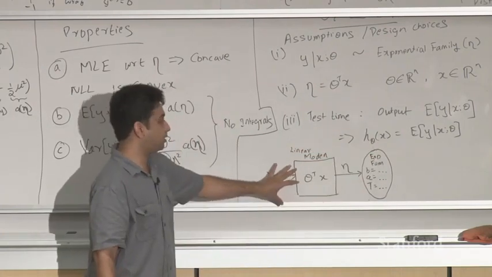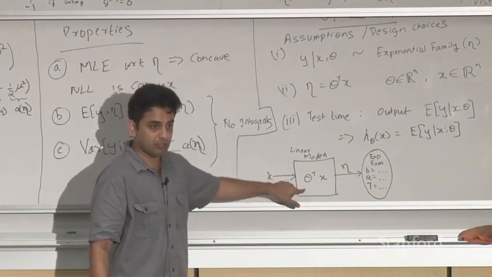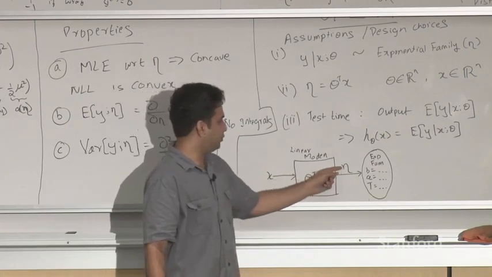The model, we are assuming to be a linear model. Given x, there is a learnable parameter theta, and theta transpose x will give you a parameter.